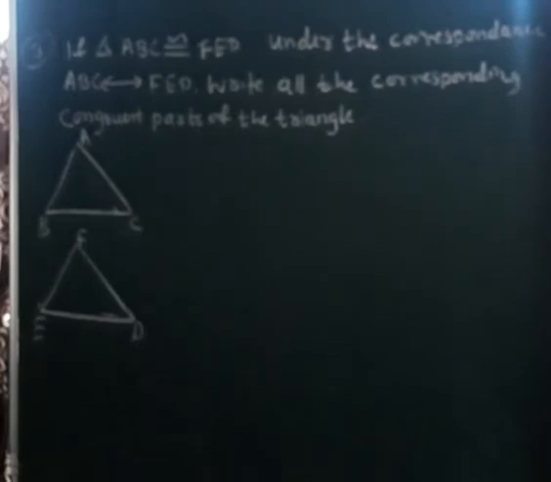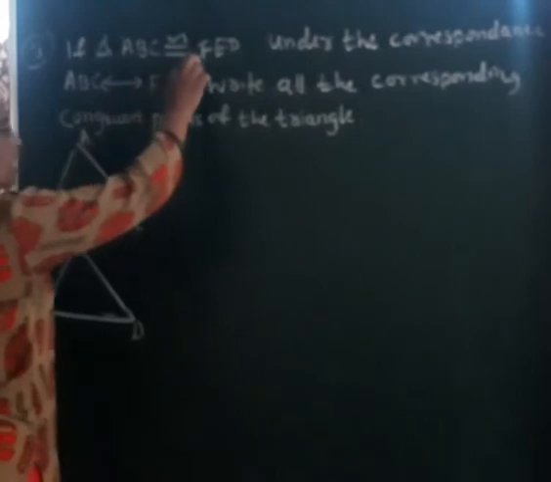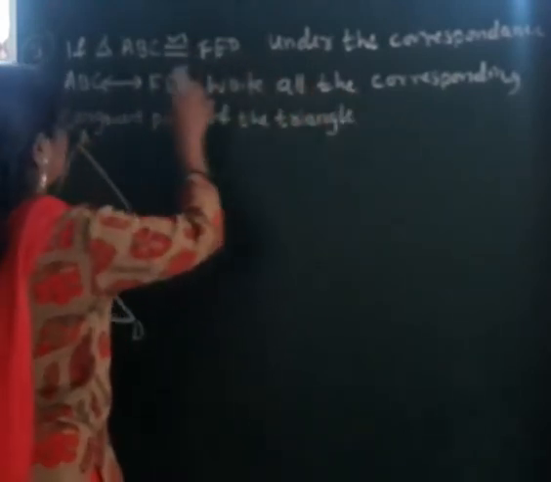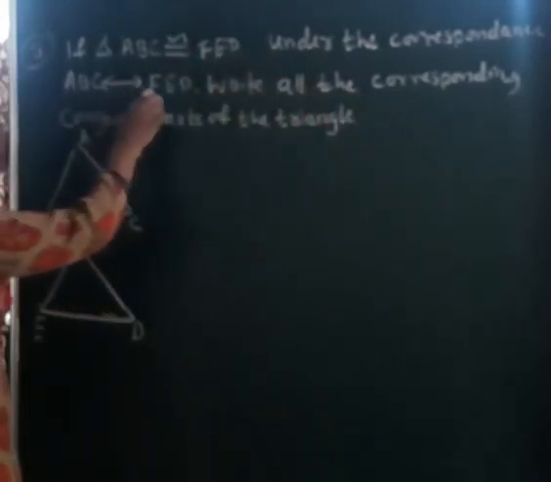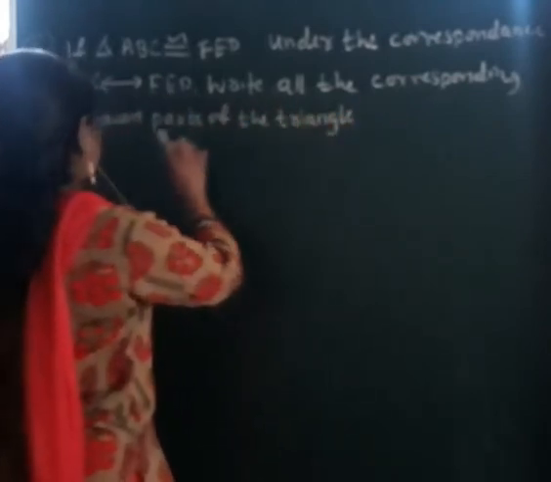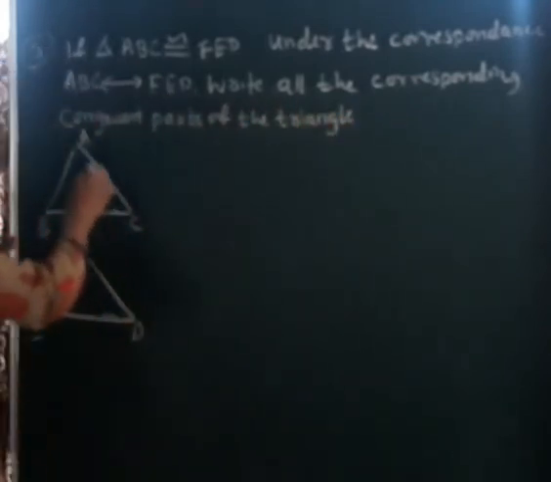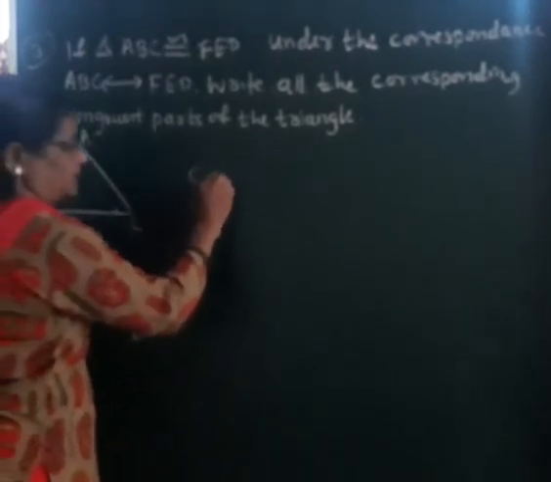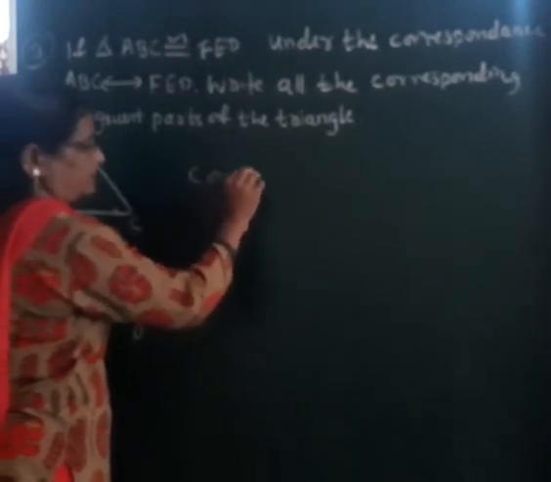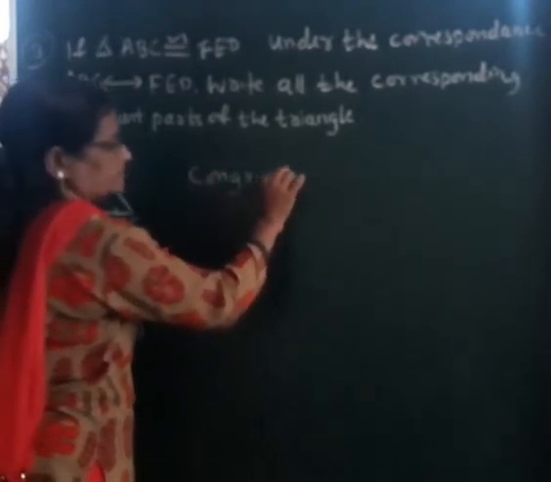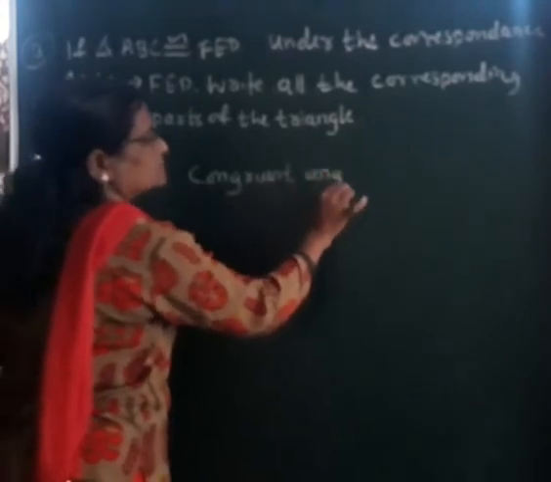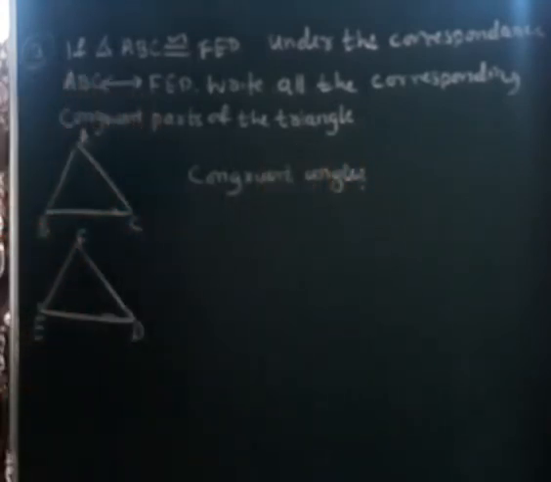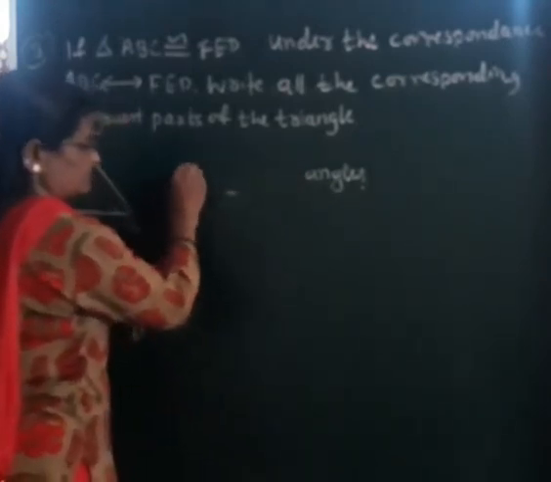Question number 3. If triangle ABC is congruent to FED, under the correspondence ABC congruent to FED, write all the corresponding congruent parts of the triangles. Here ABC and FED are two triangles.